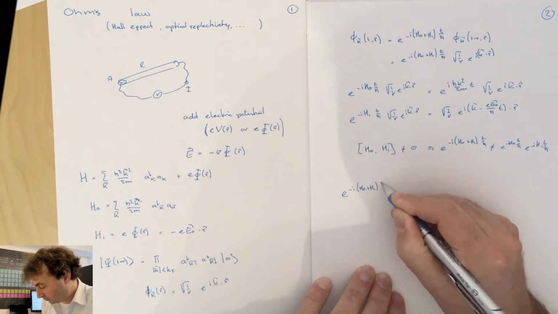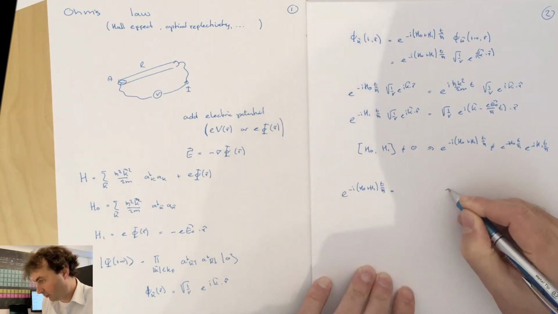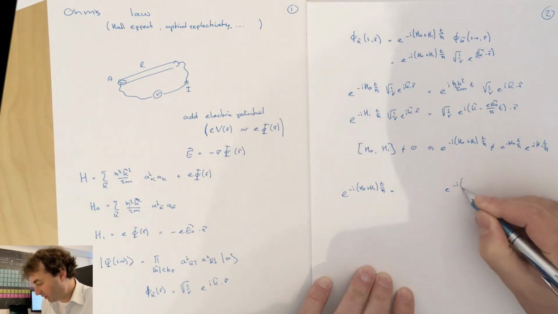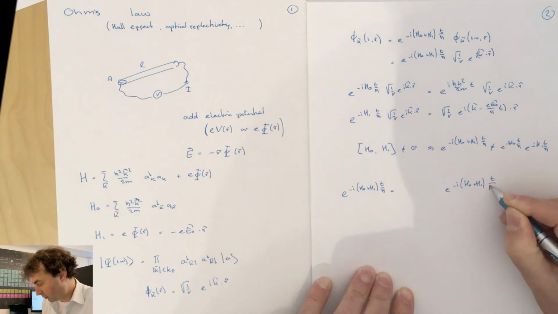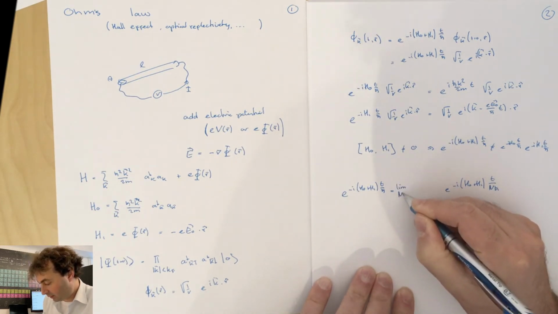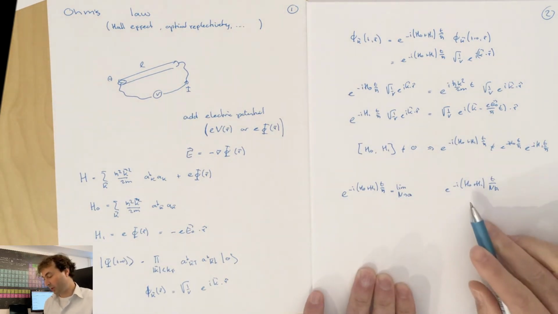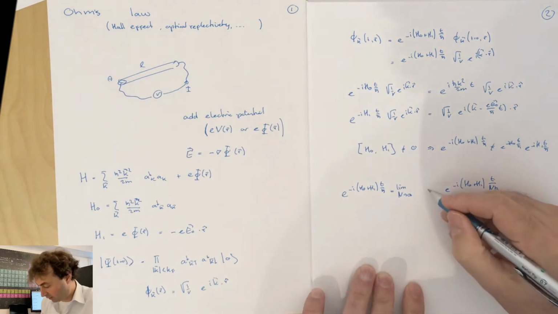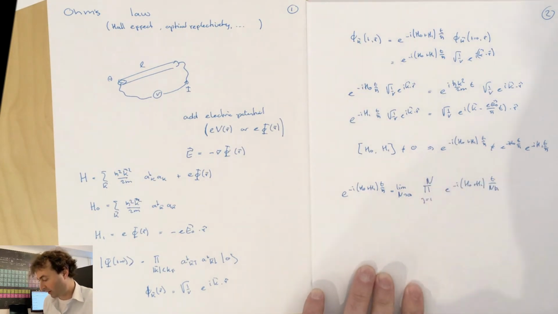exponent as a time evolution over a small time. We divide by n and we let n go to infinite. And then of course you have to make this time evolution n times. So we sum j is 1 to n.